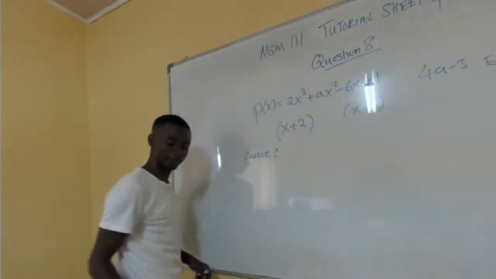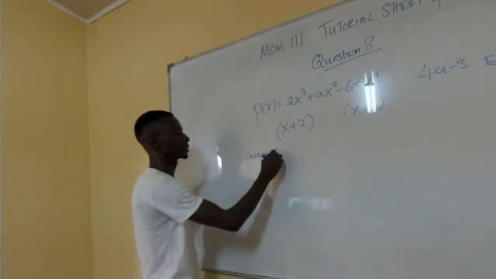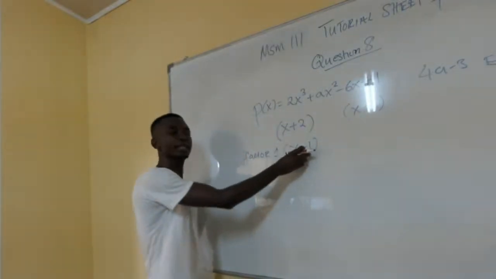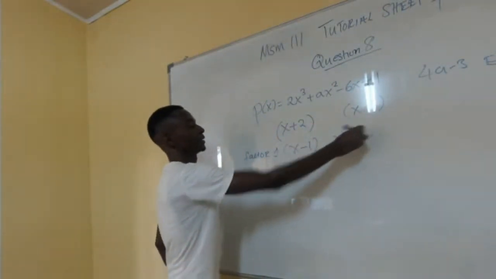What is our second factor? Our second factor here is x minus 1. If you equate this x minus 1 to 0, it means you're having x equal to 1.